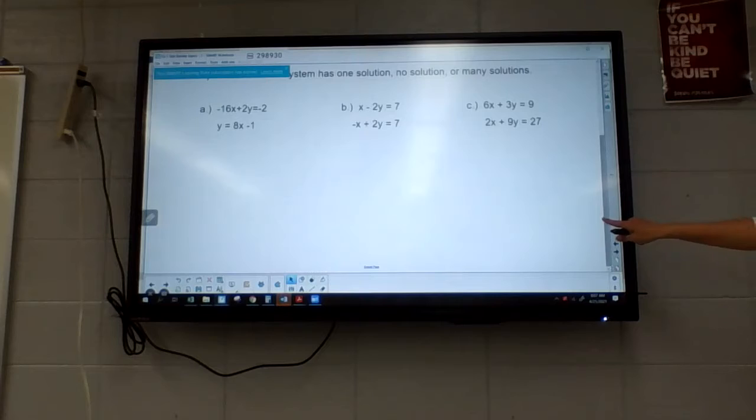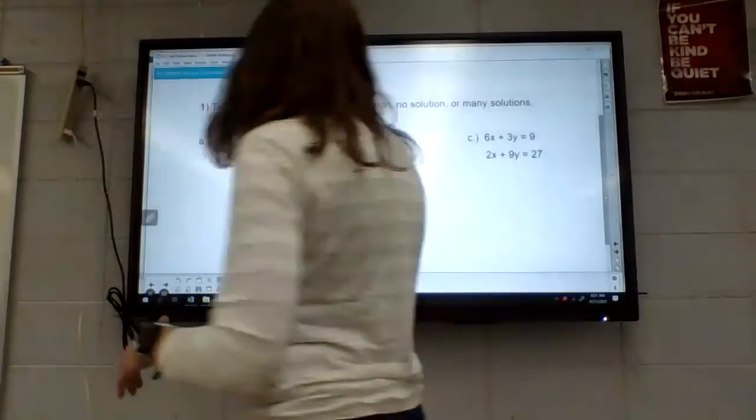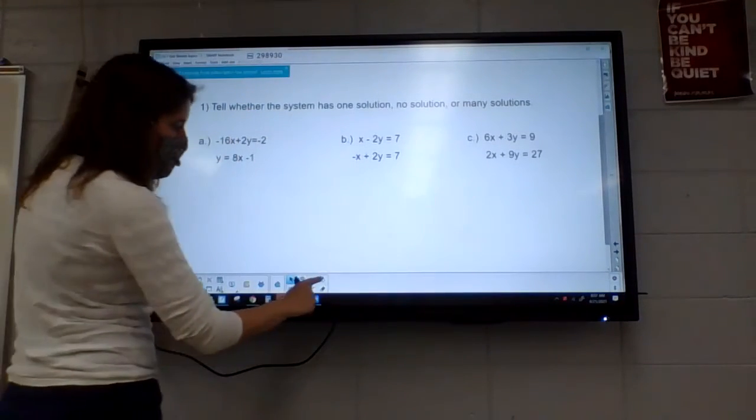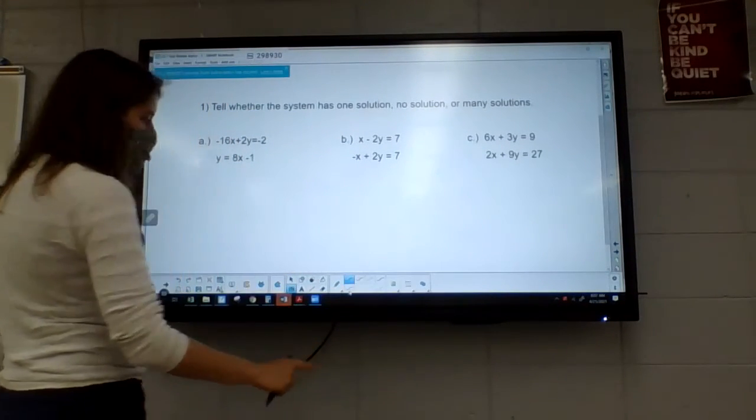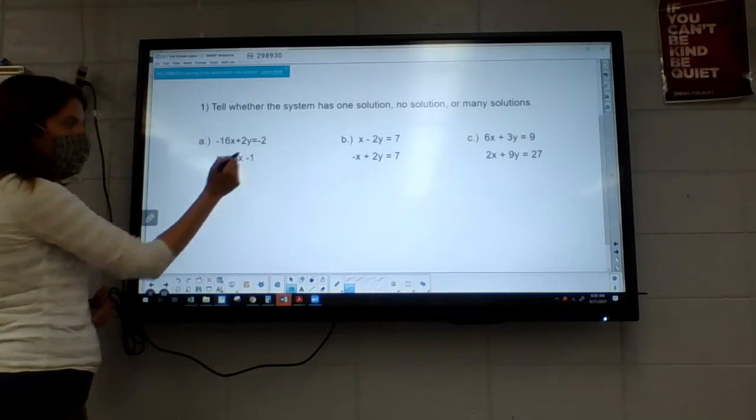Even though I'm not going to make you choose the method, I want you to think about this for a second, because I think it's good to notice it. What method would you choose for letter A? Anyone have an idea which one looks ready for that? Yeah, I would use substitution, because the y is already alone.